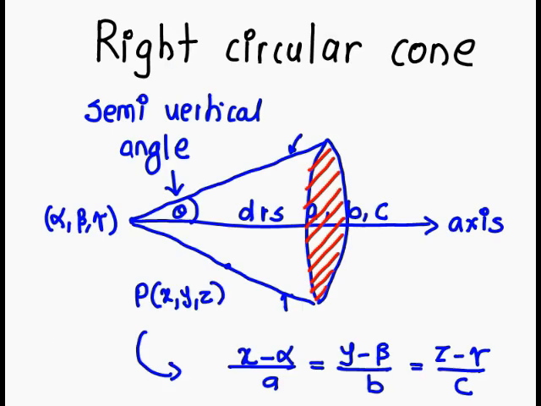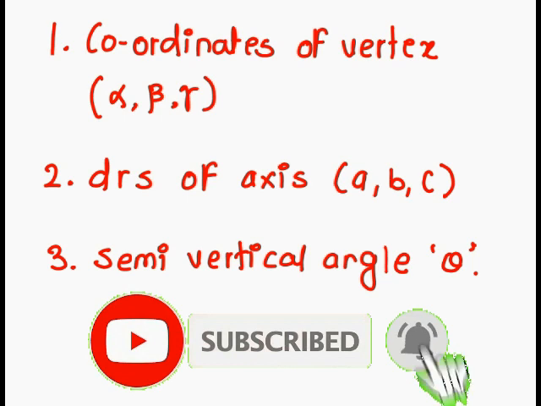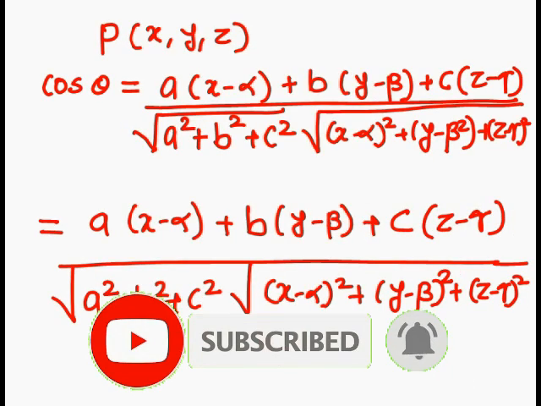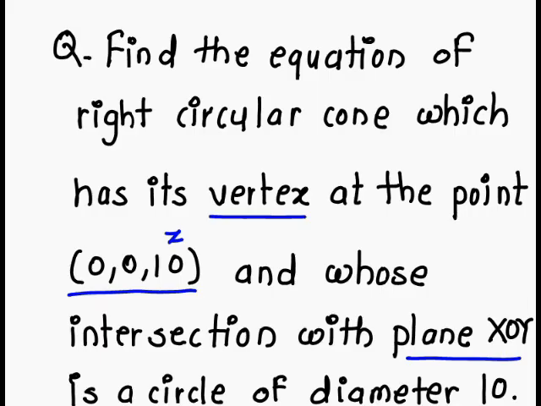Also, we study what a right circular cone is, what the basic requirements are, what type of problem formula we use, different types of problems, how to solve them by finding the keywords, and how to generate different problems from the given solution.